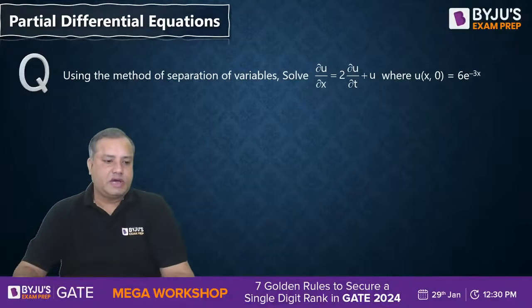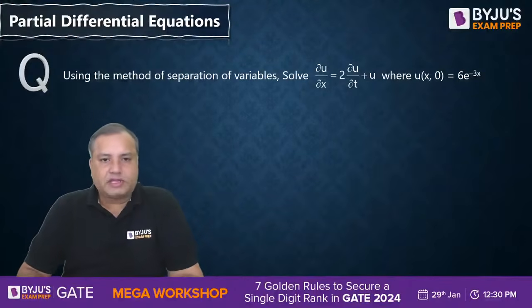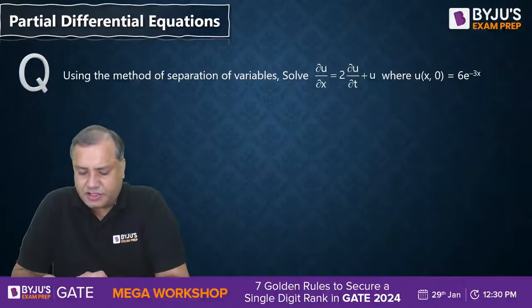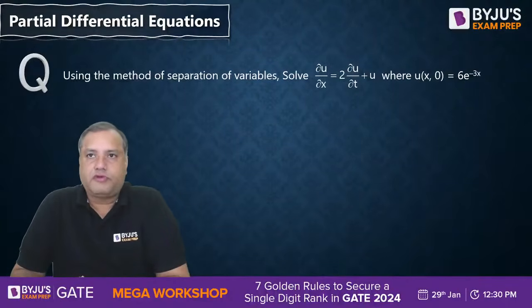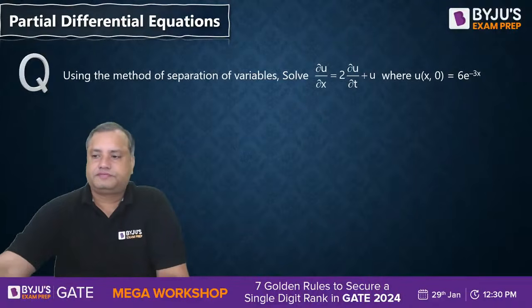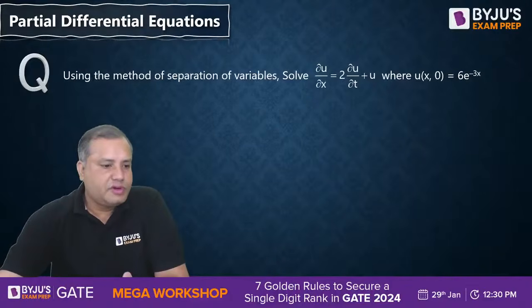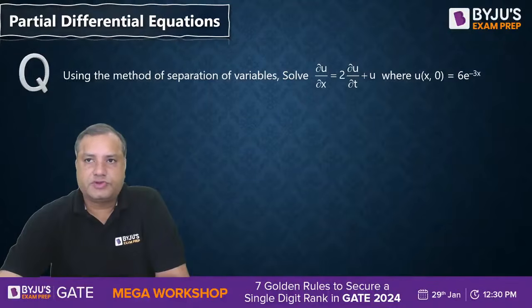So students, I will explain to you the method of separation of variables, and this particular method is useful for developing the solution of application based questions. Okay, so students, just concentrate.